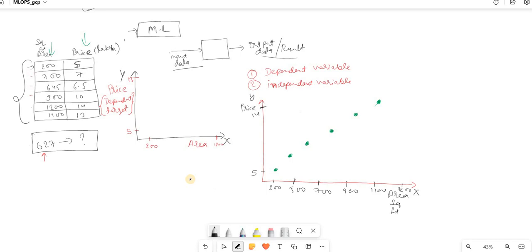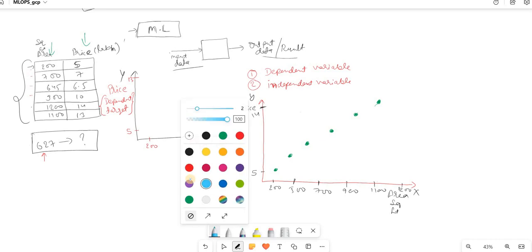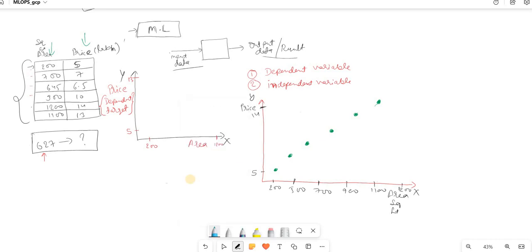Now my question is 627. 627 will come somewhere here, right? I want the price for 627 square feet, but we do not have any data points for 627. So how would we get that?